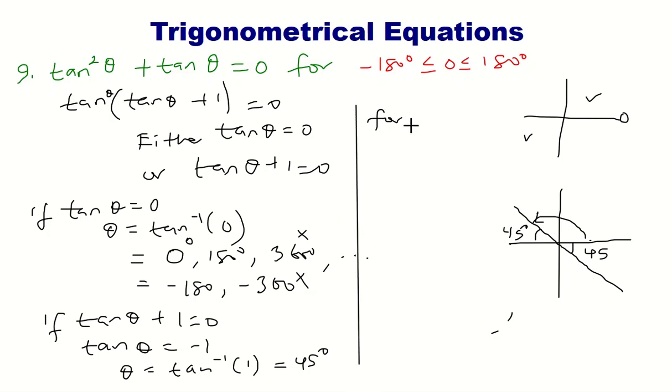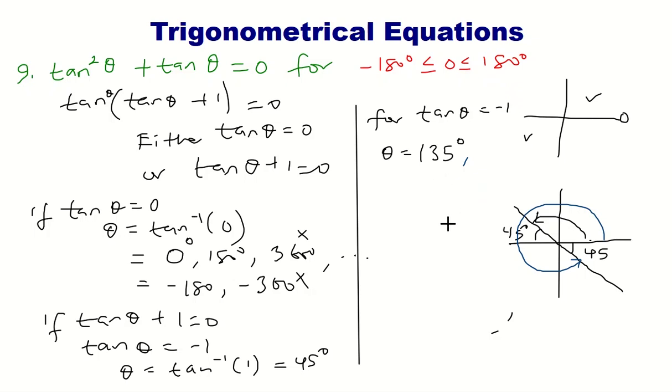So for tan theta equals -1, the first theta would be 180 minus 45, which is 135 degrees. Another one would be moving from here up to here, or we simply add 180 on this, but that would be bigger than what we expect.